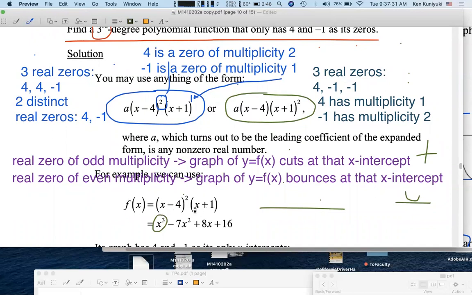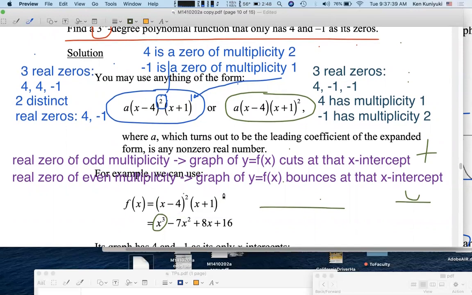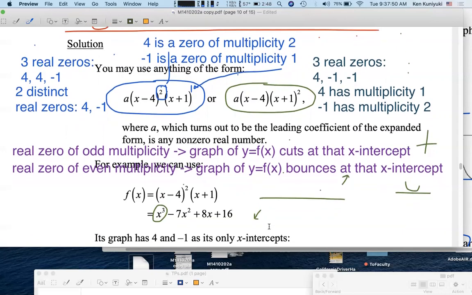You could judge that from here as well. Overall, we're going to end up with what kind of shape? It's going to be a rising snake, which is going to go up this way, down this way.